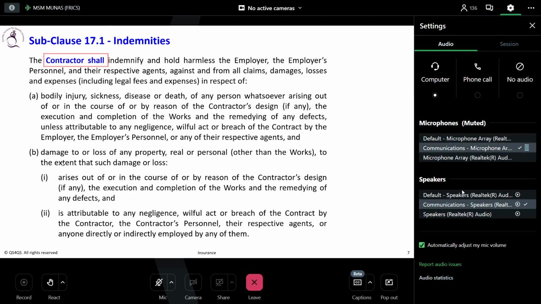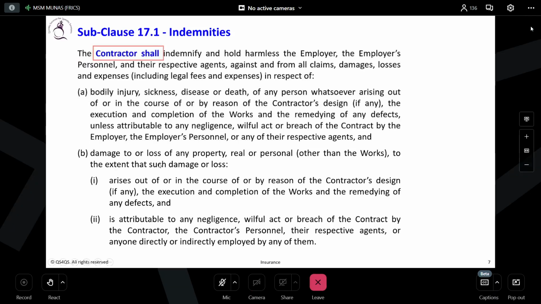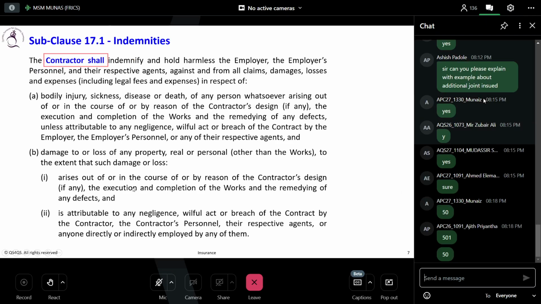The second point says damage to or loss of any property, real or personal, other than the works, to the extent that such damage or loss arises out of or in the course of or by reason of the contractor's design, if any, the execution and completion of the works, and remedying any defects, and is attributable to any negligence, willful act, or breach of the contract by the contractor.